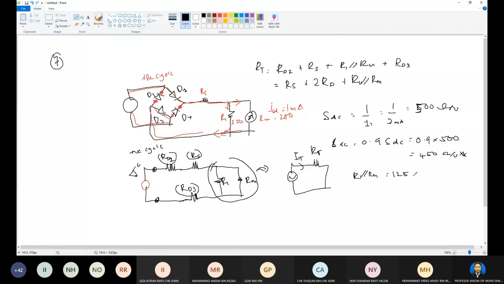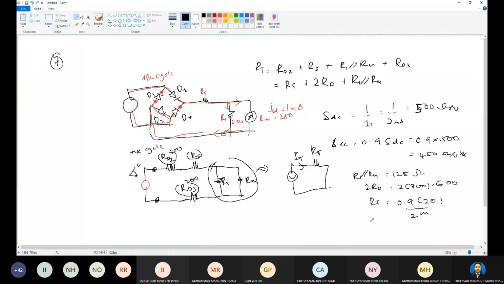The 2 RD is 2 multiplied by 300, which is 600, because the given diode resistance is 300 and also this one is 300. And then for RT, 0.9 multiplied by 20, divided by 2m.